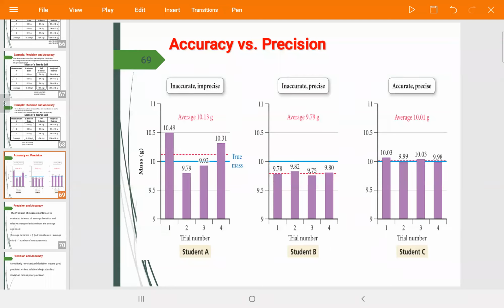Now let us see with an example. In the first column, as you can see, student A, here you have to know the average value. Simply to calculate the average, you have to add the measured values and then divide it by the number of trials.